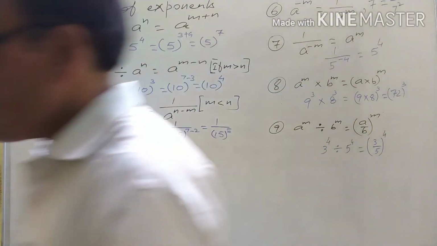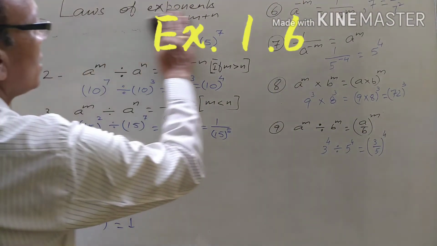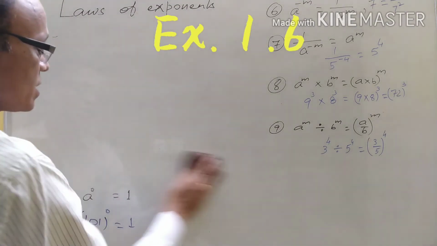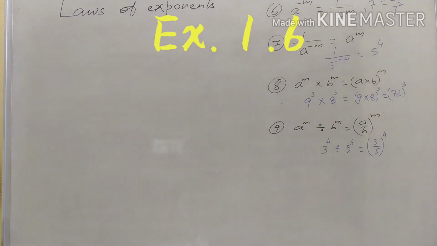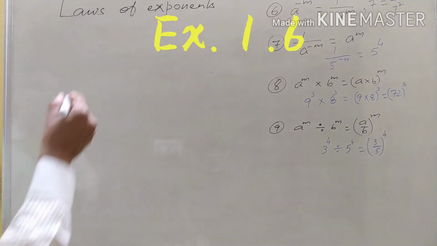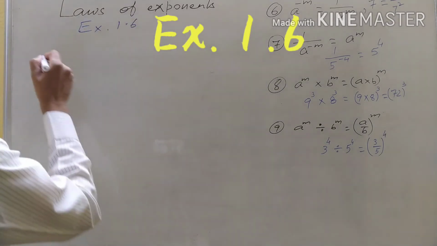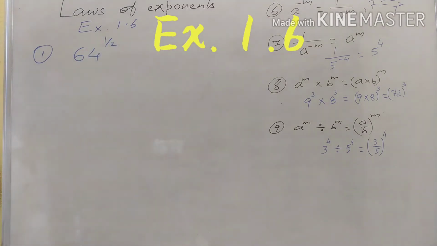These are the laws of exponents, and using them we can solve the questions given in your NCERT book, exercise 1.6. In exercise 1.6, the very first question is 64 to the power 1 by 2.